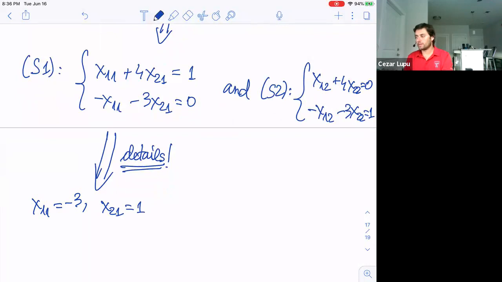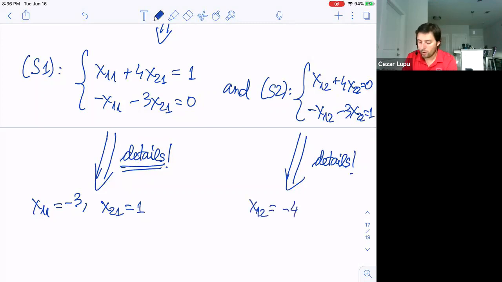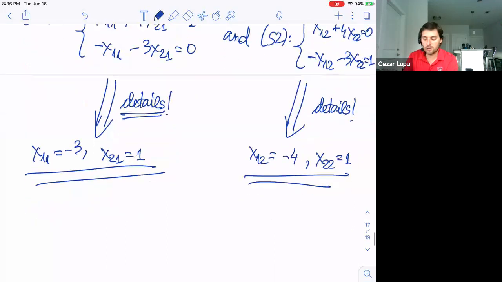And solving the second system, you see it's a little bit of a pain to solve these. We derive that x12 is -4 and x22 is 1. But no problem. So I have these two solutions for each system.